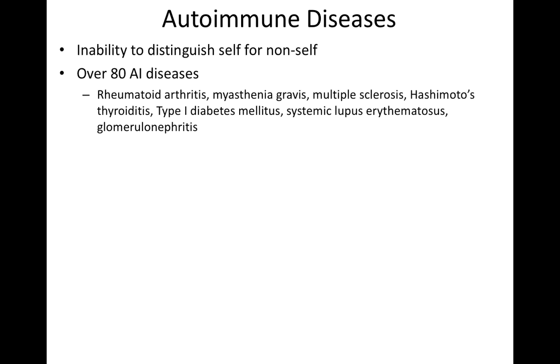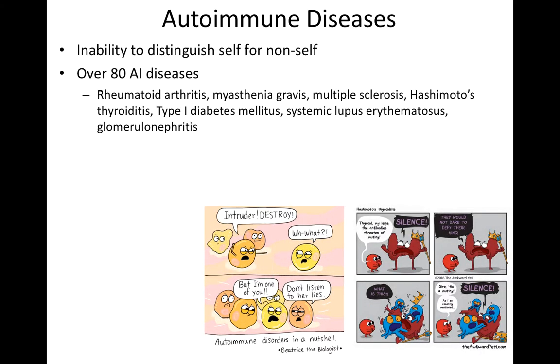Okay, so kind of similar, overlapping with type 2 and 3 are the autoimmune diseases. So this is where that motto that we started this whole chapter with is a little unclear. So we said that it's a pretty black and white statement. You're either with us or you're against us.